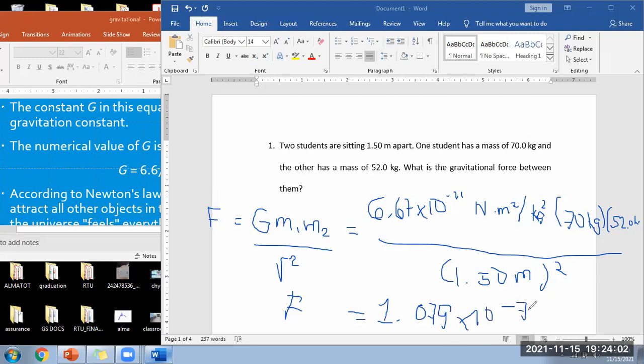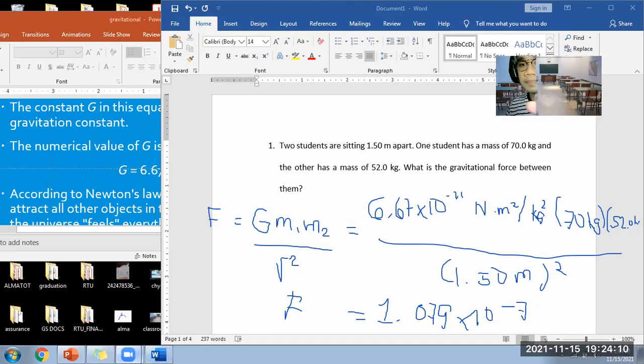So kung ano nyo sa calculator nyo, so that will be the answer. Okay? So the value dito sa calcu ko ay 1.079055557 tapos may exponential na 10 raised to negative 7. So pwede nyo naman i-direct sa calculator yan.